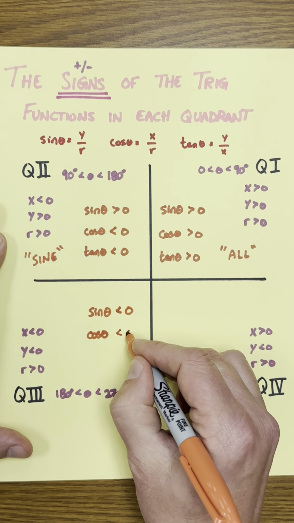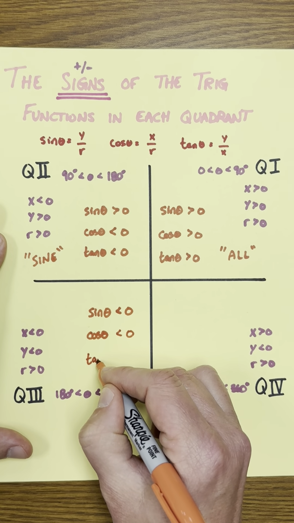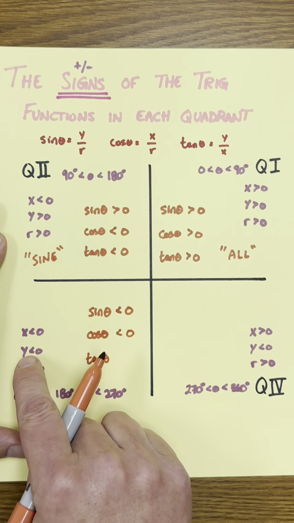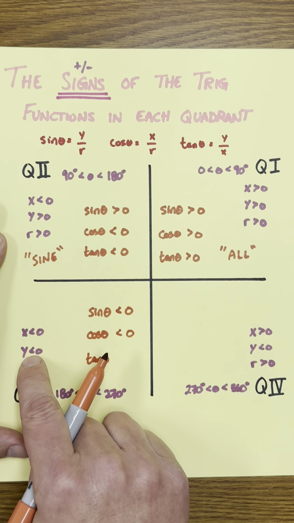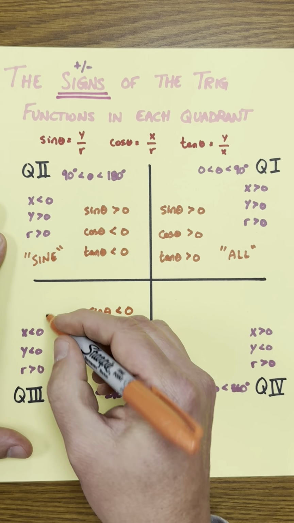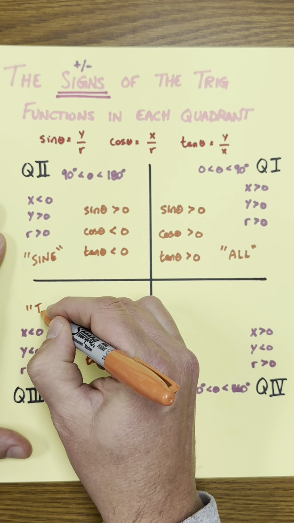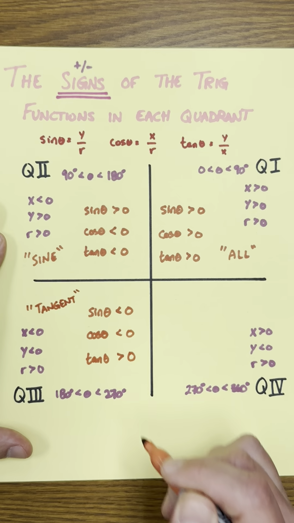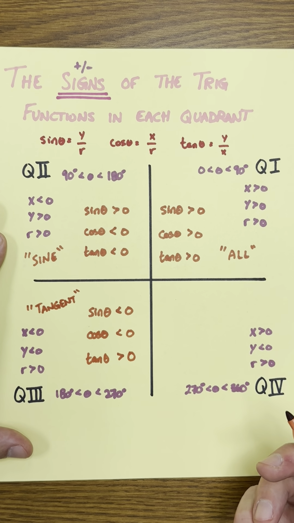That's also negative. Tangent, y over x. Y and x are both negative. A negative divided by a negative is positive. So in quadrant 3, only tangent. Tangent and its reciprocal cotangent would be positive.